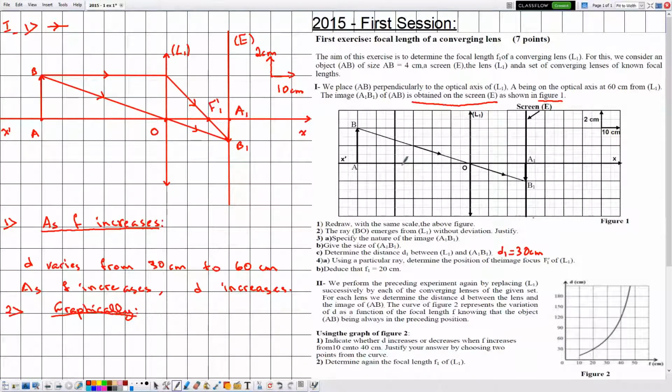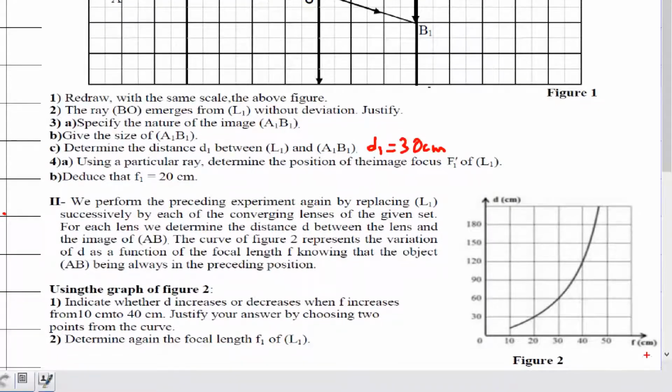And from the first part of this exercise, we have determined the distance D1 between L1 and the image, which is given by 30 centimeters. Then let's say that for D1 is equal to 30 centimeters, we have D is equal to 30 centimeters, corresponds to this point on the curve, which has a value of f is equal to 20 centimeters, and the focal length is denoted by f1.